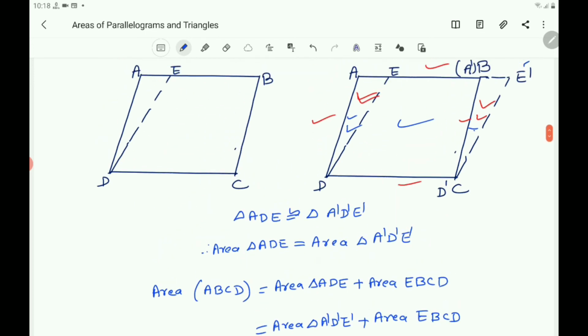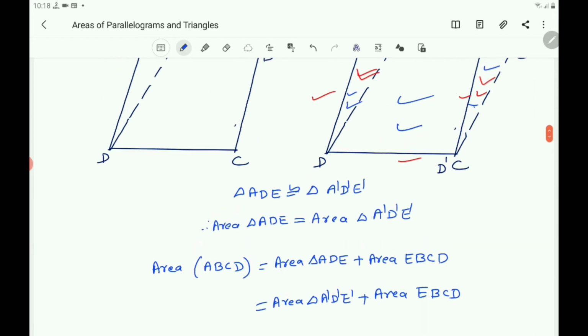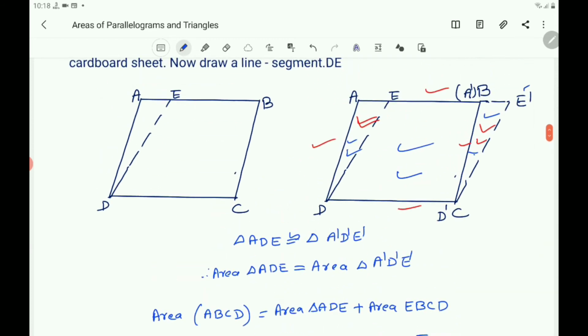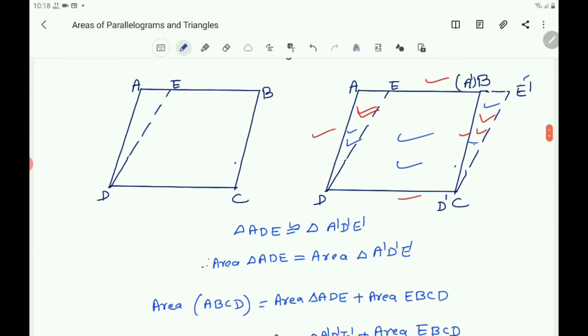Now this part and this triangle add up to the parallelogram EE'CD. Here the common area and the area of this triangle add up to what?